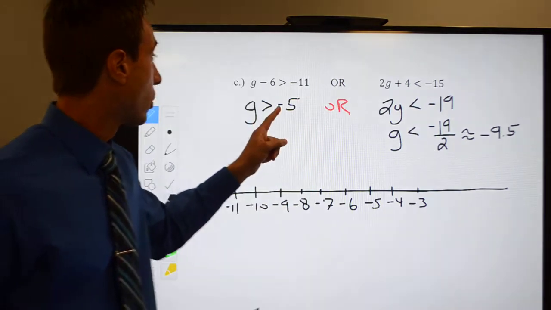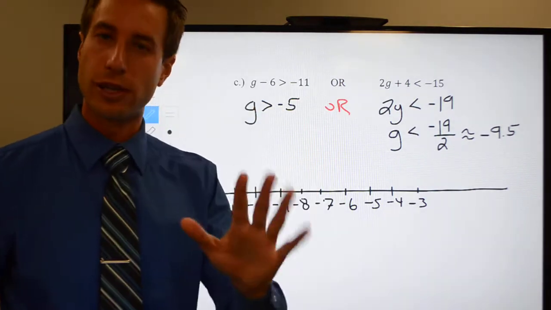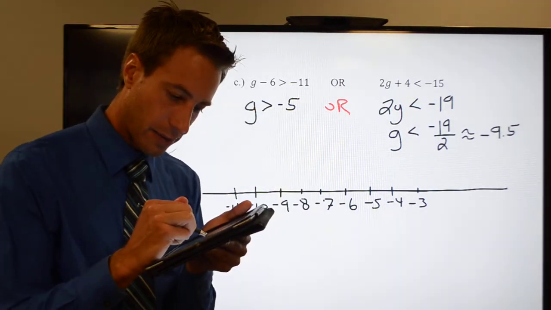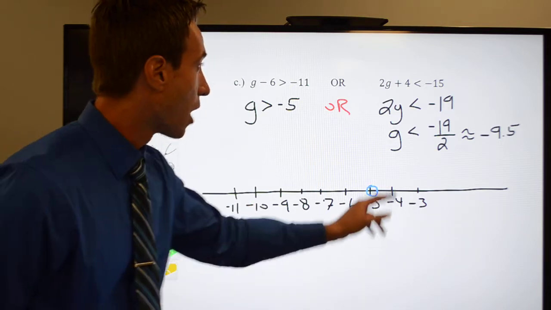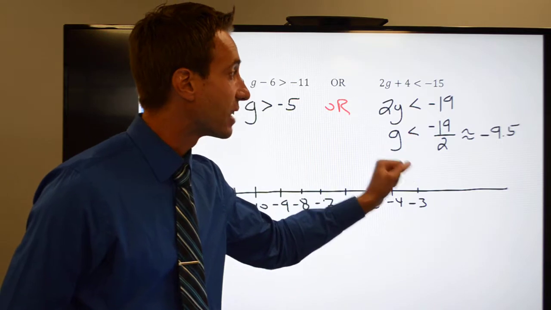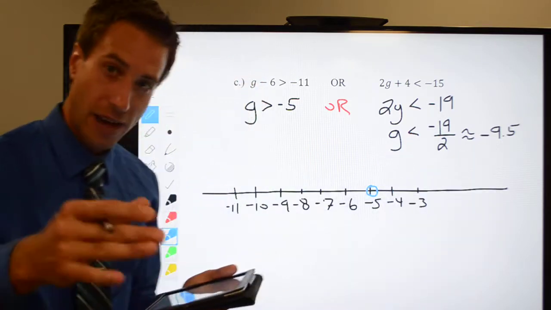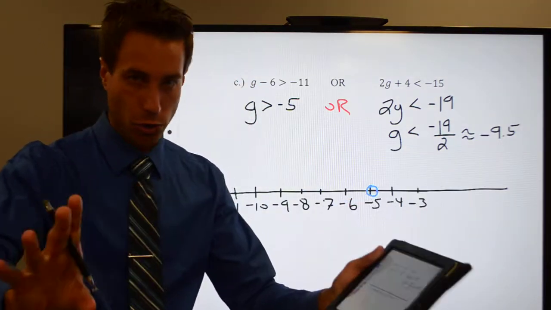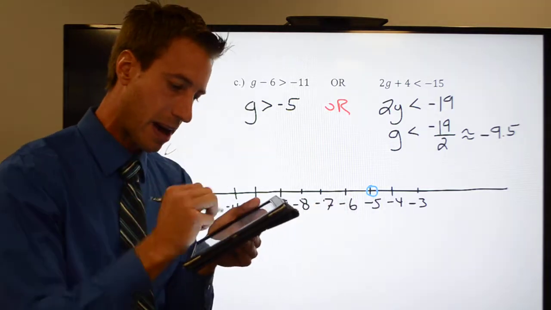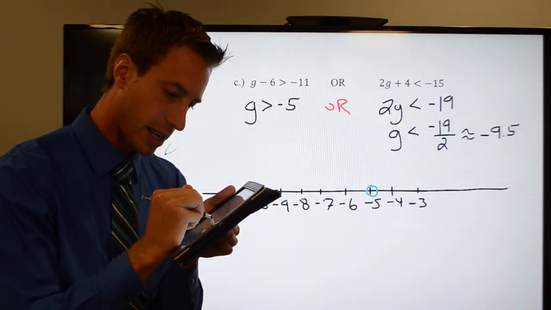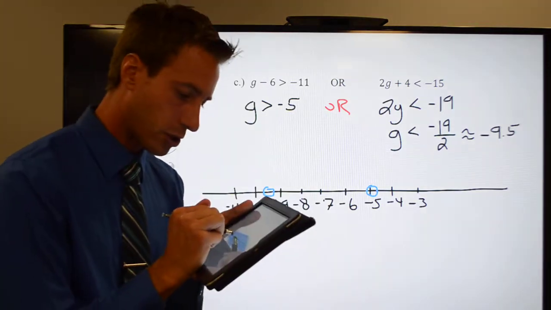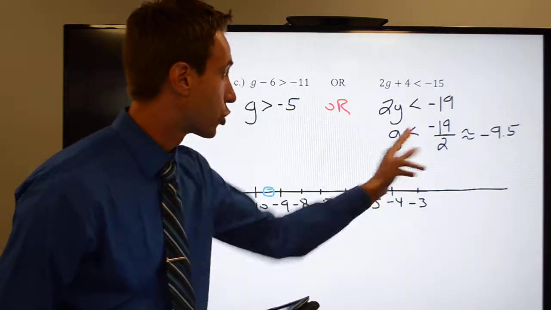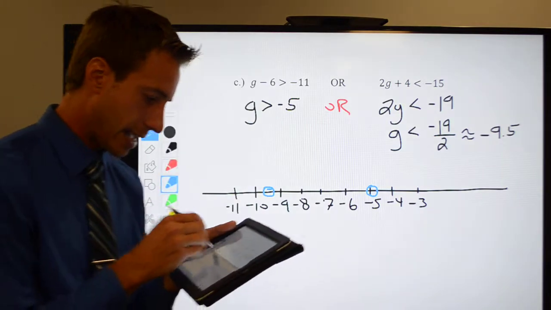My first one is going to be all g's strictly greater than a negative 5. So there's negative 5. It will be an open circle. My other one is all g's that are less than a negative 9.5. I'm not going to go crazy here and guesstimate. It's about halfway between negative 9 and negative 10. That's close enough. It will be an open circle. Don't fill it in because it's strictly less than. And then go ahead and shade your graph.